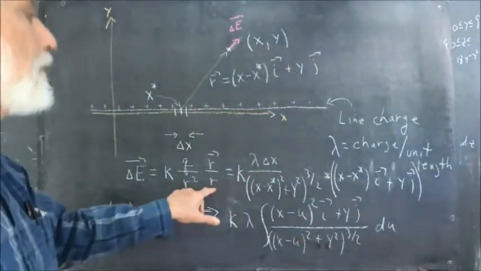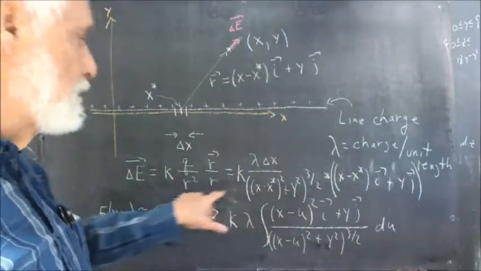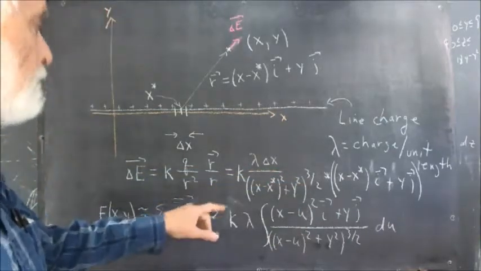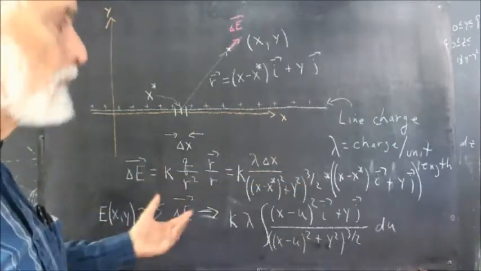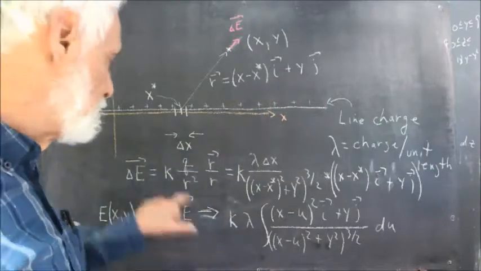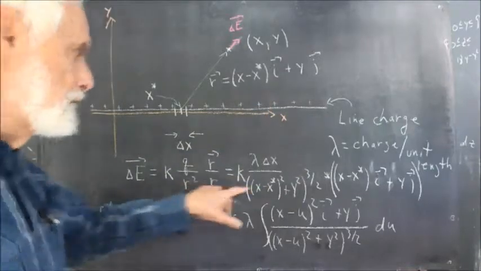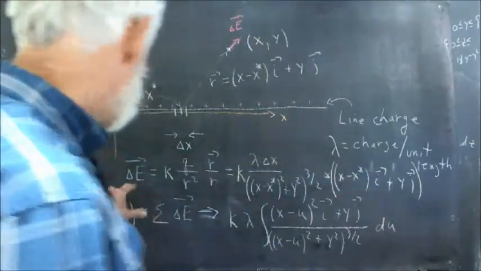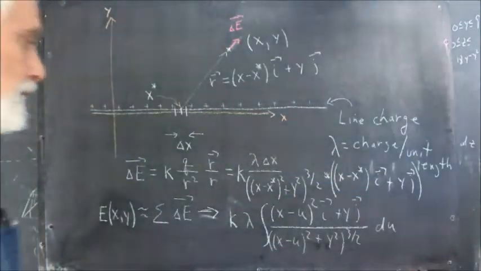We're going to have the square root of x minus x star squared plus y squared here. We're going to have the square of that, which is just x minus x star squared plus y squared. And that's going to give us this to the 3/2. So there's our expression for the contribution to the electric field.